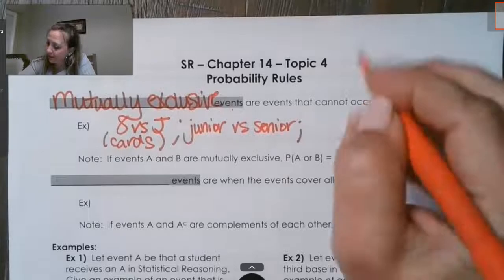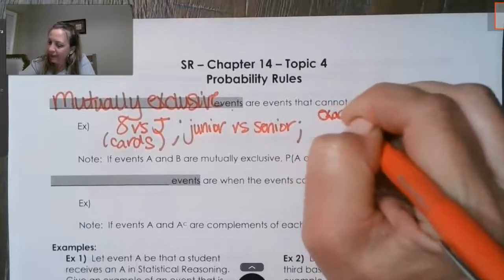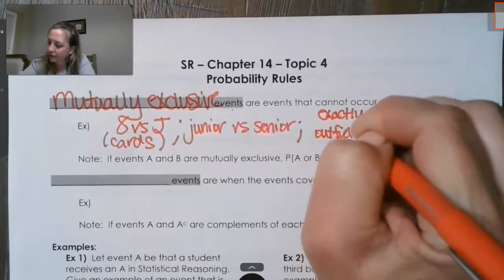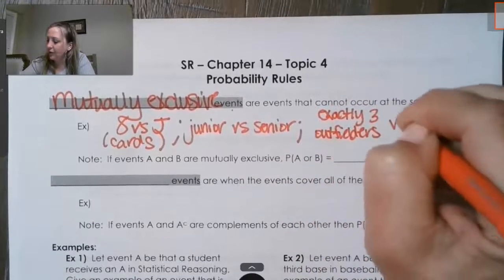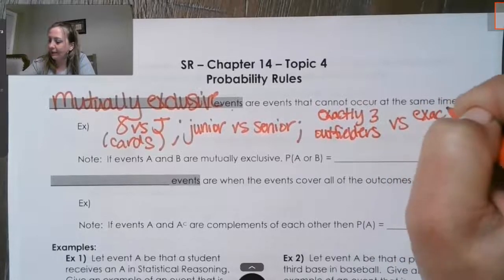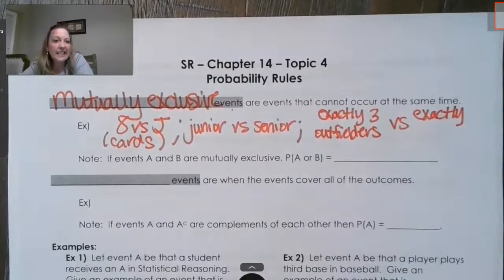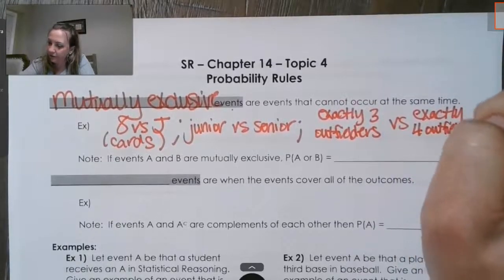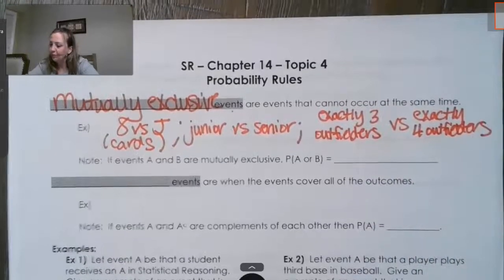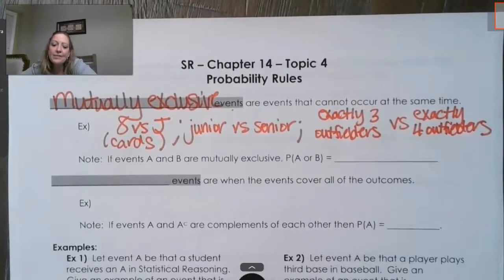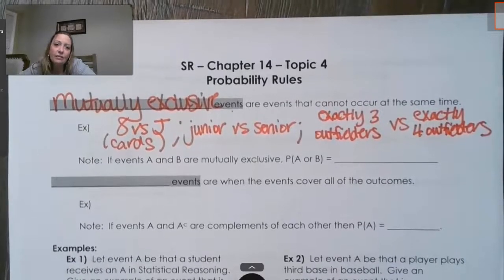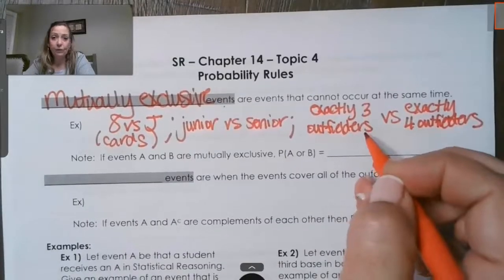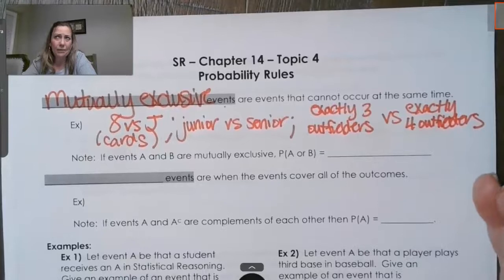In a sports context, we could say something like exactly 3 outfielders versus, for example, maybe in a little kids league, exactly 4 outfielders. Okay. So those can't occur at the same time. You either have 3 or you have 4. You can't have 3 and 4 at the same time.